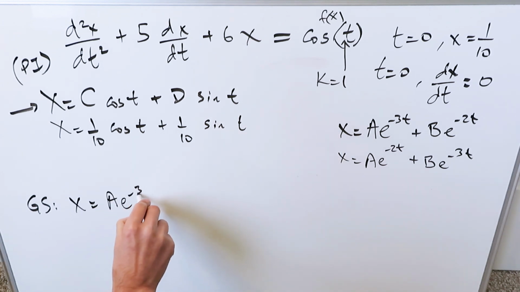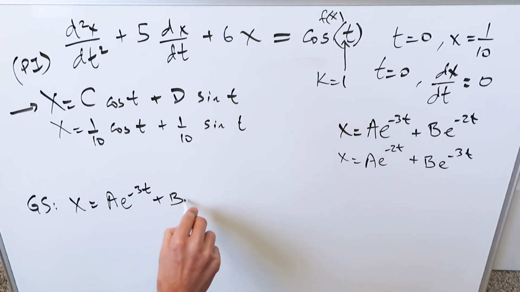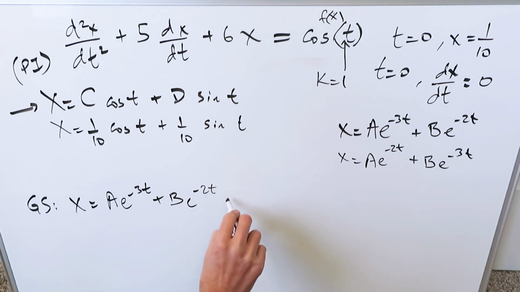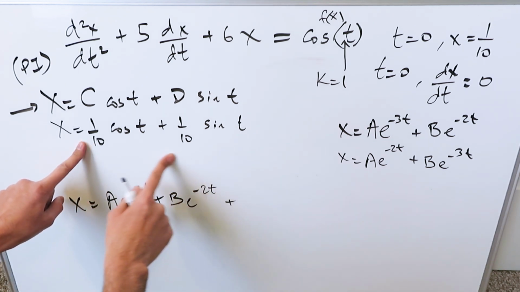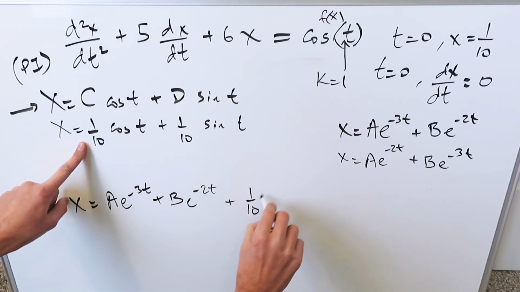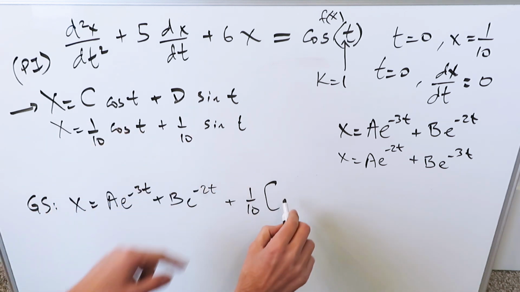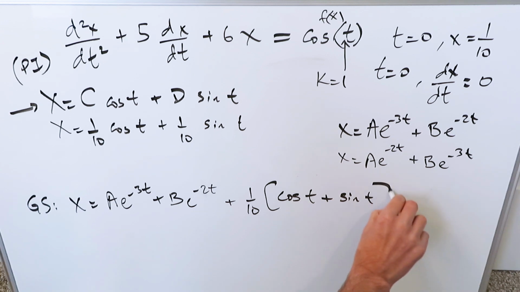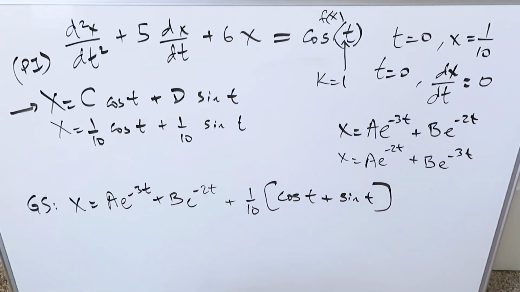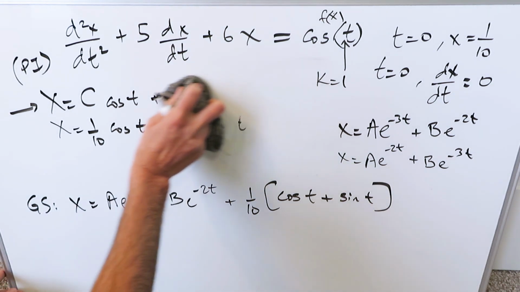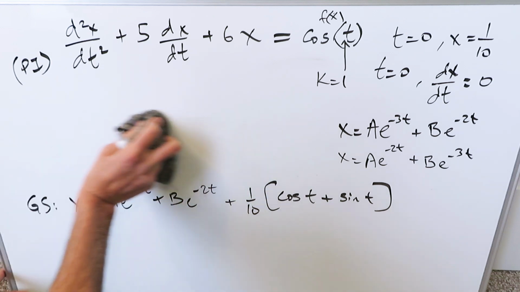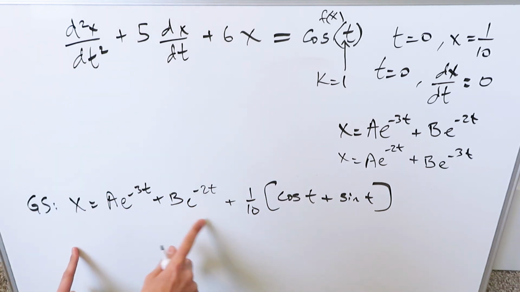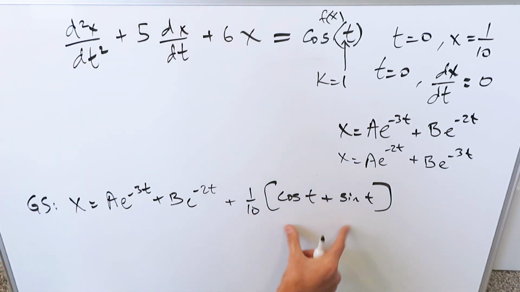A e exponent minus 3t plus b e exponent minus 2t plus, look right over here, add your particular integral, but I'm going to isolate the 1 over 10, and then I'll just do cosine t plus sine t. Nothing wrong with isolating here and then writing it this way. Here's my general solution. You don't need to see this anymore because we have our particular integral already posted in our general solution. Complementary function, my particular integral.